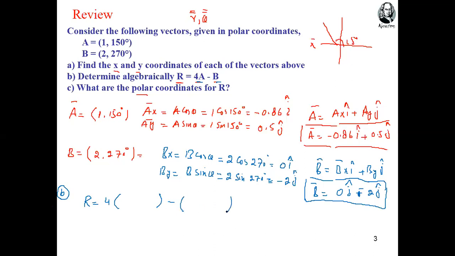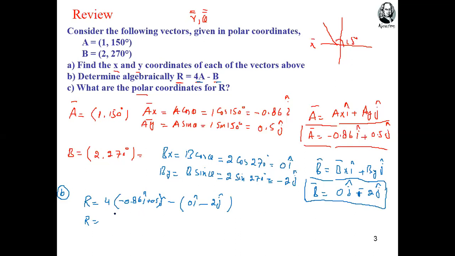So first, write down A, which is minus 0.86i plus 0.5j, correct, we have j here. Minus B is 0i minus 2j. So 4 multiplied with these numbers, like 0.86 multiplied with 4 equals what?